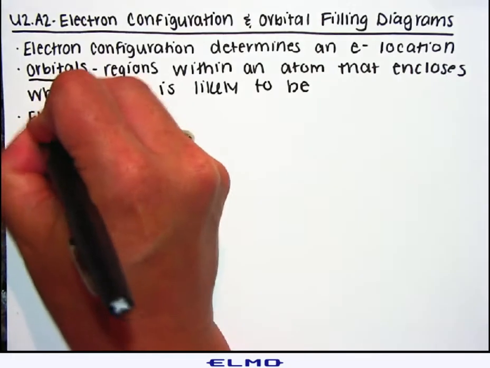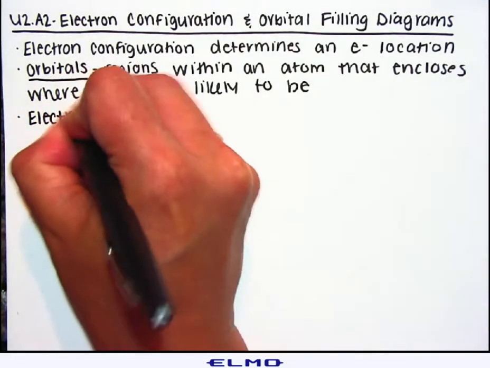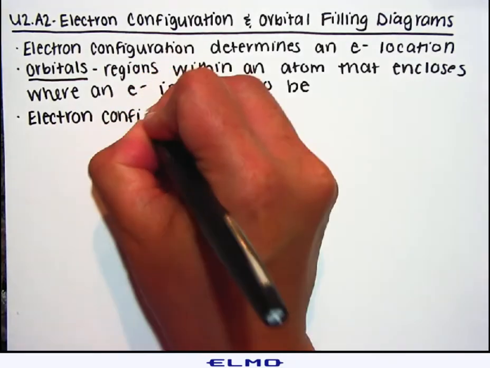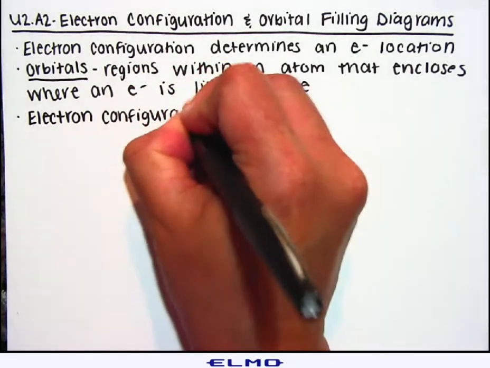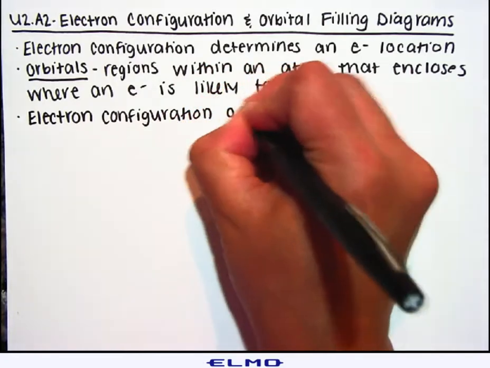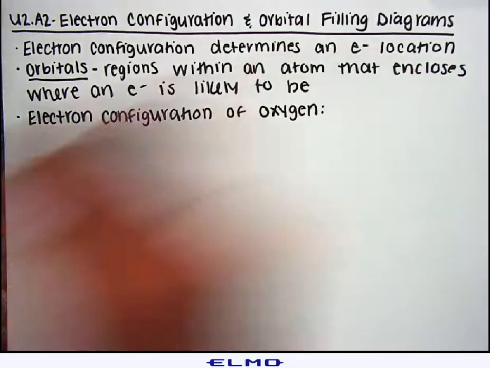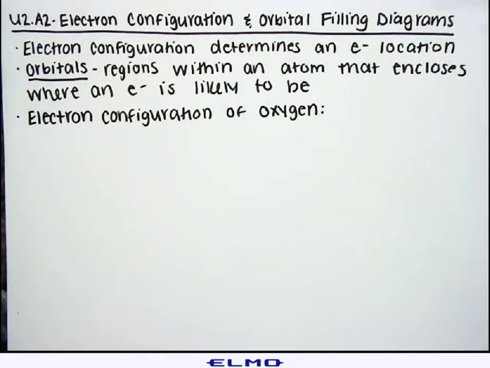So I want to look at an example of an electron configuration, and then we're going to talk about all of the different parts. So let's look at oxygen.